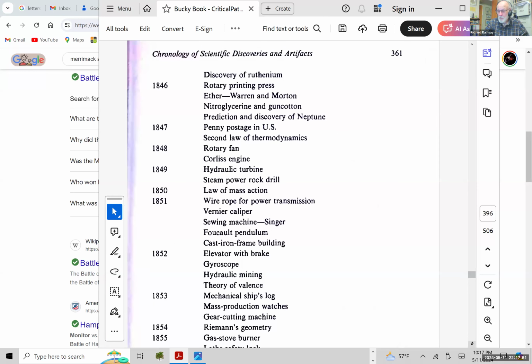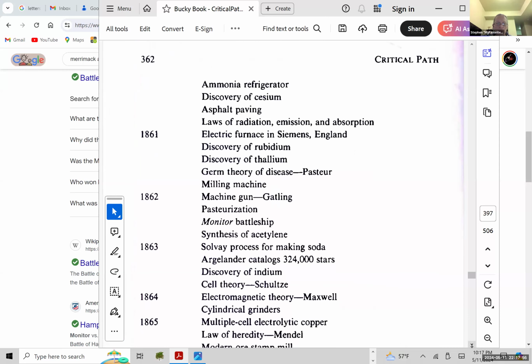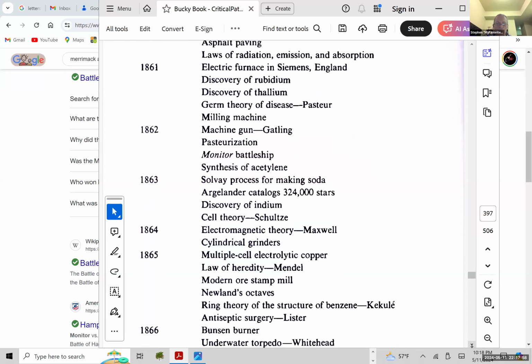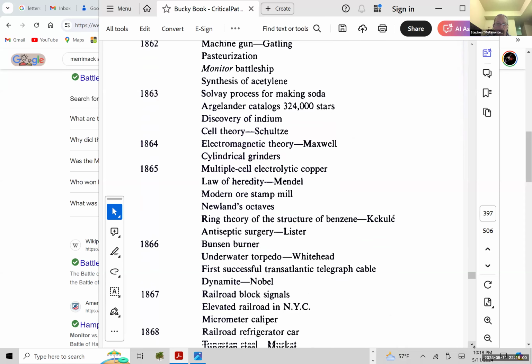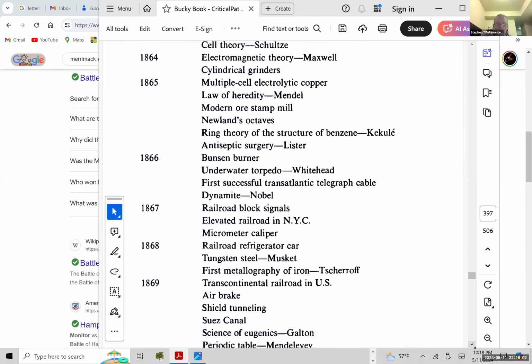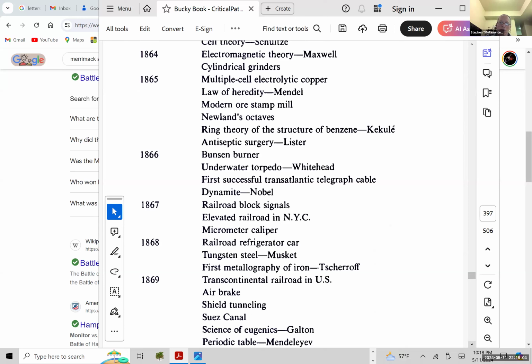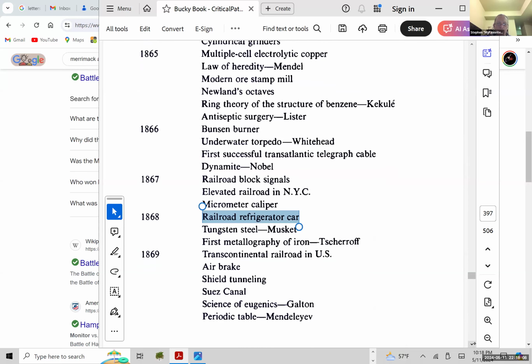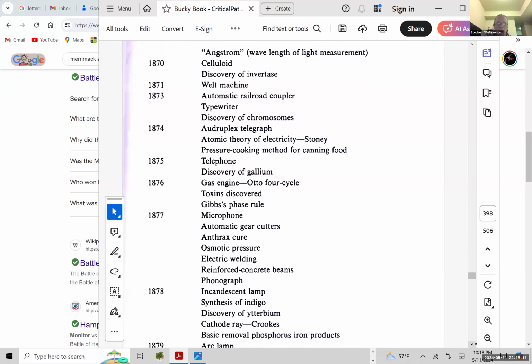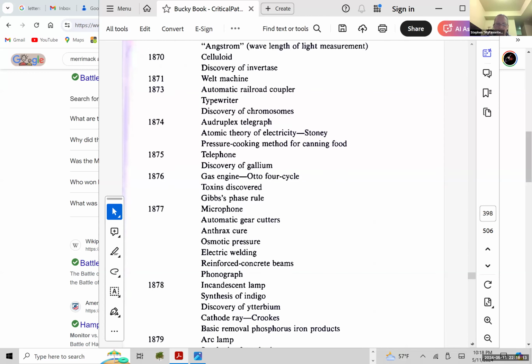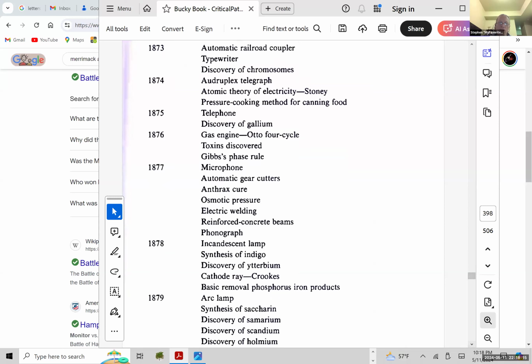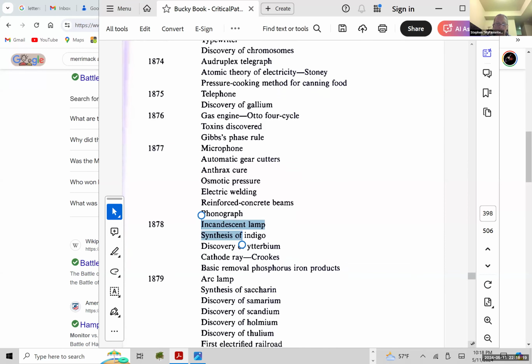So if we get up to 1895. Moving there now. Boy, he has a lot of stuff going on between 1850 and 1895. Railroad refrigerator cars, they had to be important for the development of civilization. 1870s, the incandescent lamp.